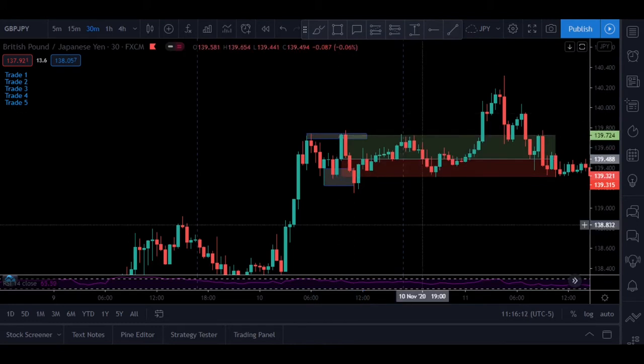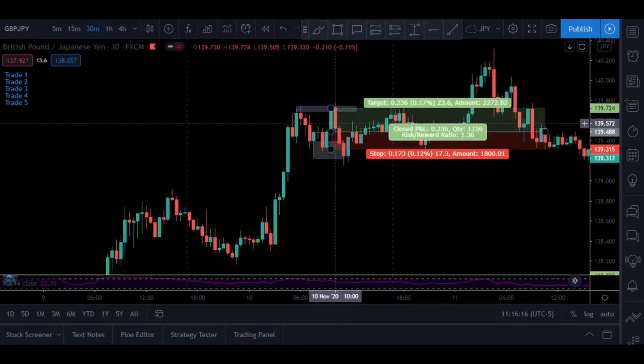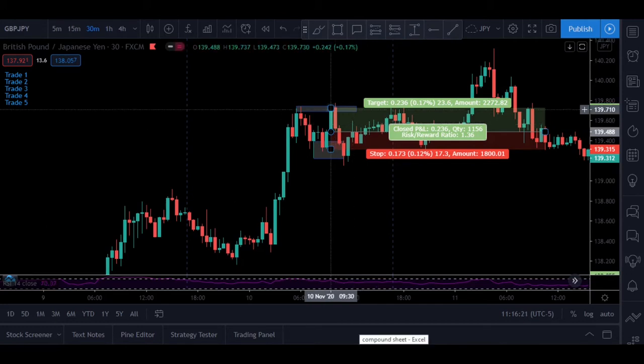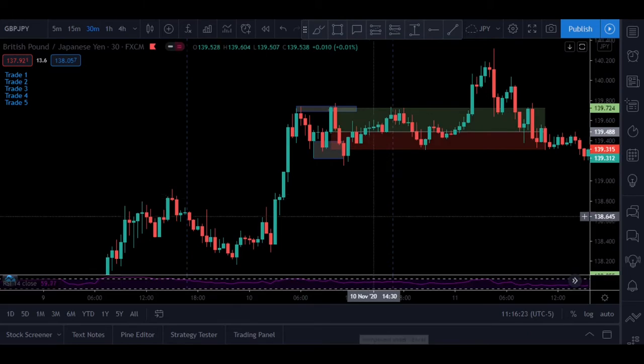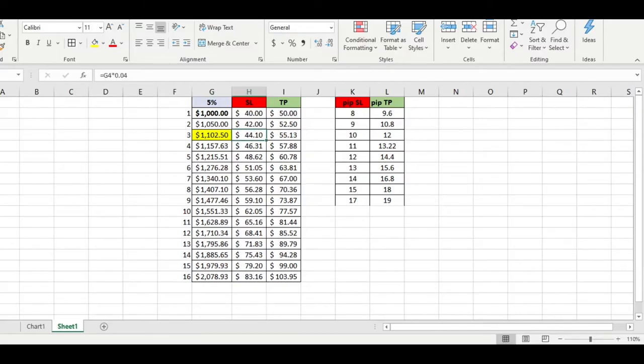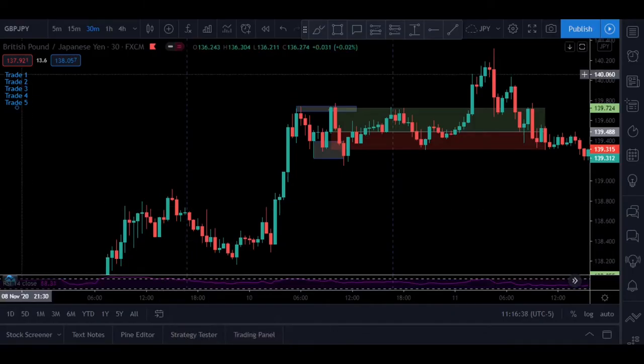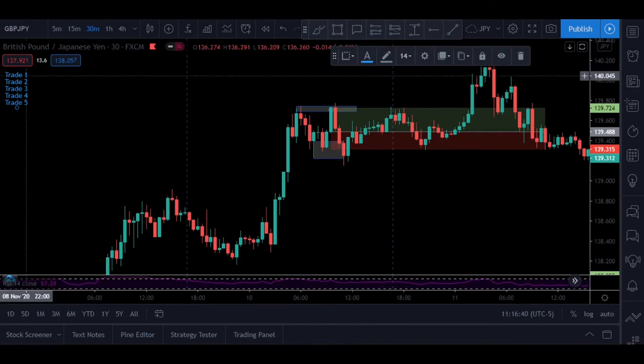So this is about 1-to-1, because it's a little bit more. So let's see, we would have been risking $44 to make 55. Actually, let me mark here the first trade we made 102, right?